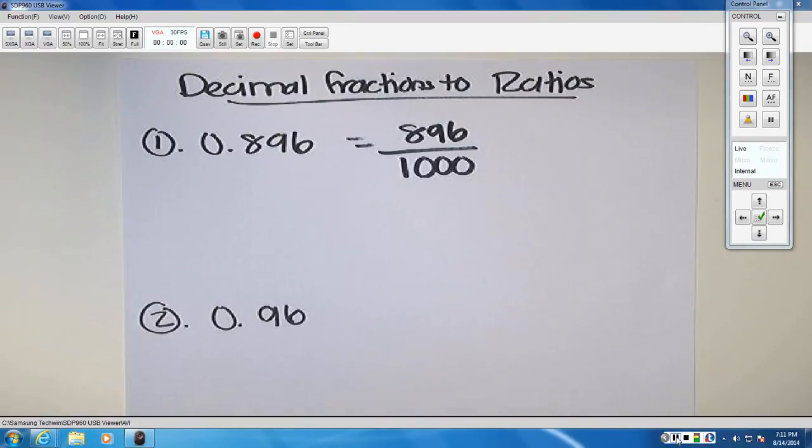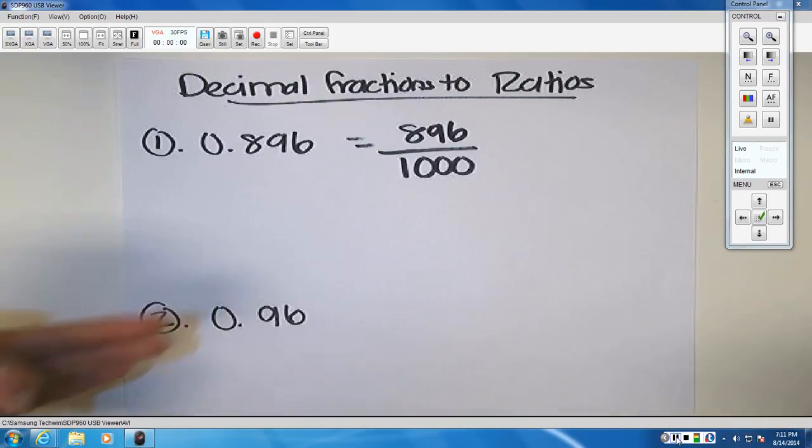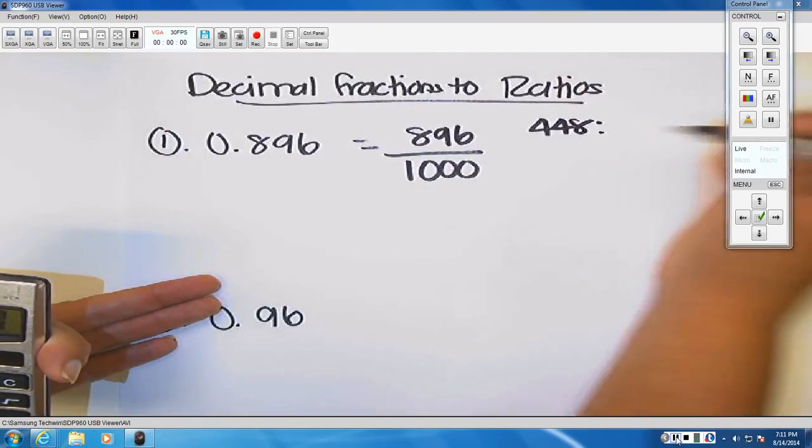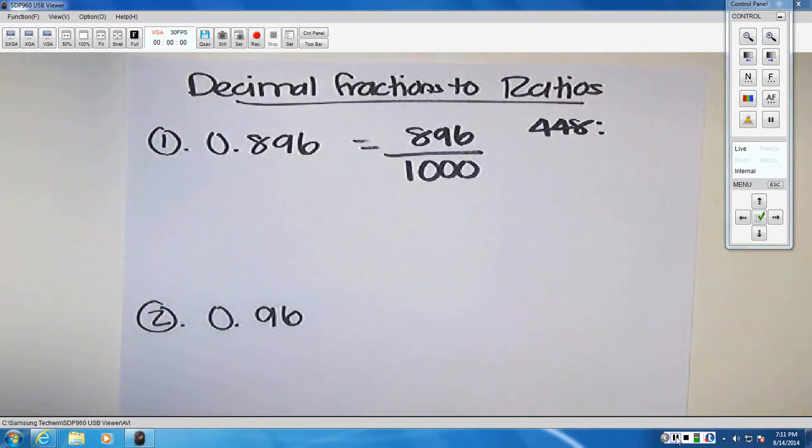So I don't know off the top of my head what perfect number might go into 896 and 1,000 to reduce it, but I know that 2 will go into both of them. So I'm just going to first reduce it by 2. So I'm going to have 896 divided by 2, and that gives me 448. And I know that 1,000 divided by 2 is 500.